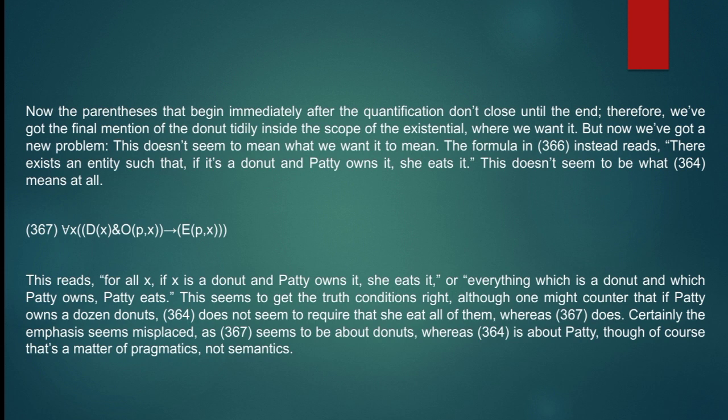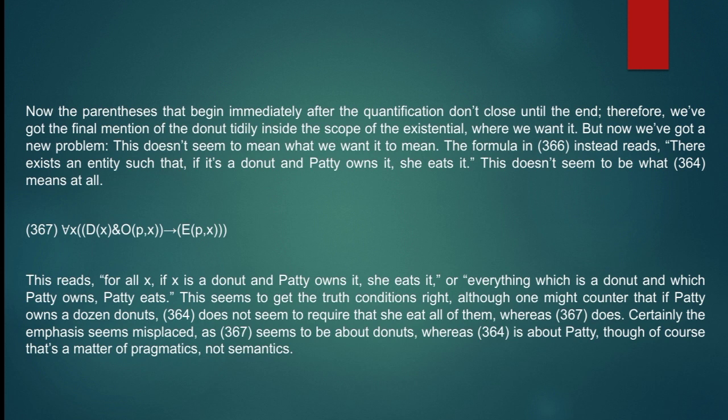So 367 reads as: for all x, if x is a donut and Patty owns it, she eats it. Or, everything which is a donut and which Patty owns, Patty eats.